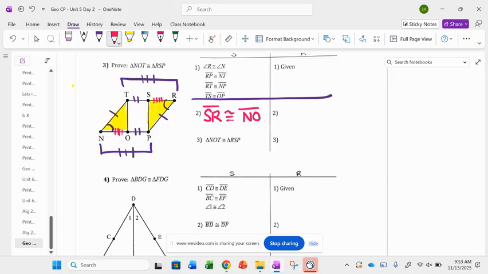One word. So the big TR is congruent to the big NP, and then little TS is congruent to little OP. So now we're left with NO congruent to SR. Subtraction, you got it.